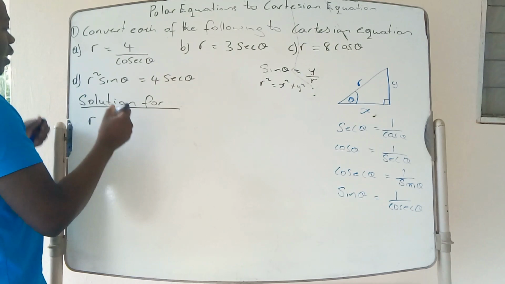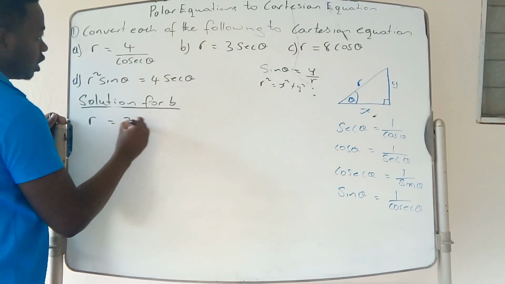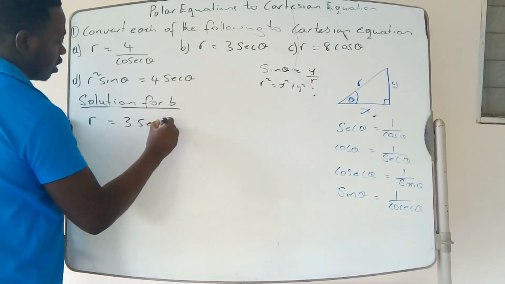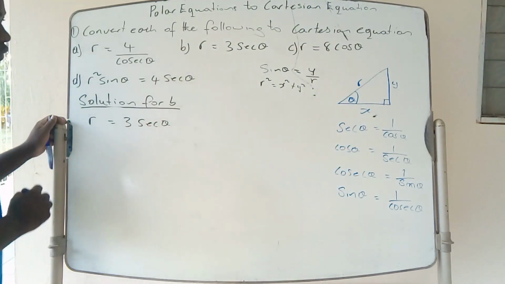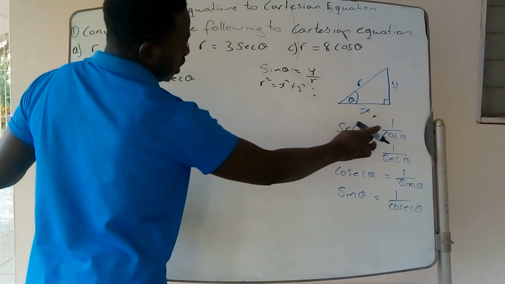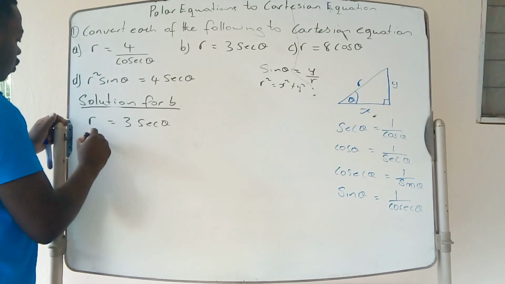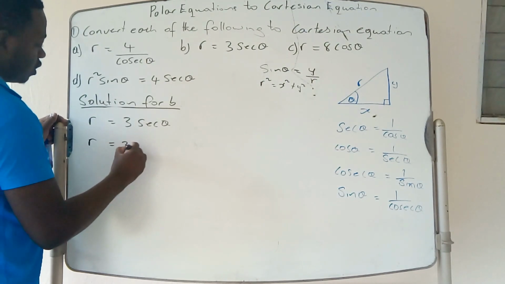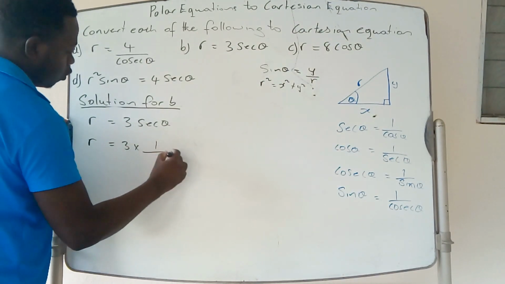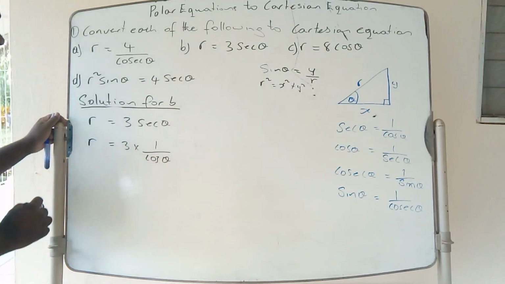So we know that part B, r is equal to 3 sec theta, right? But do you recall what sec theta is? Sec theta is equal to 1 upon cos theta. So we can rewrite this. So r here is equal to 3 times 1 over cos theta, right?